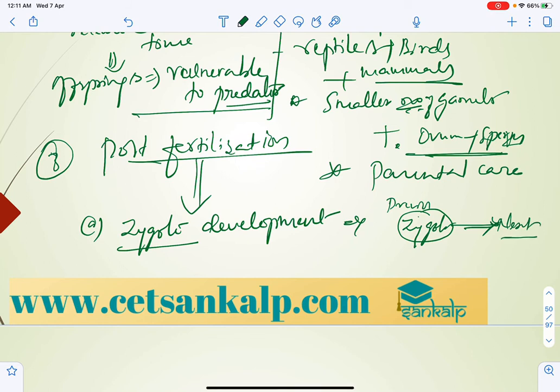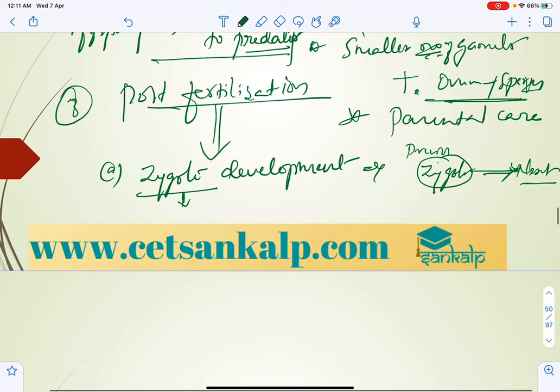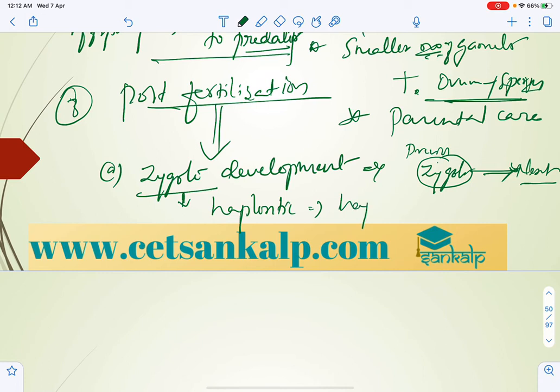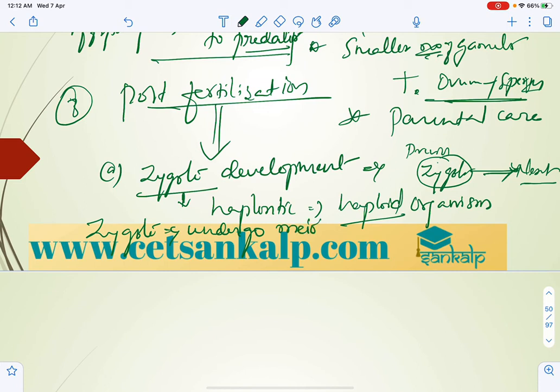Sometimes this will show a haplontic life cycle, wherein the zygote is haploid. In the haplontic life cycle, the zygote undergoes reductional division, meiotic division, to produce a haploid organism.